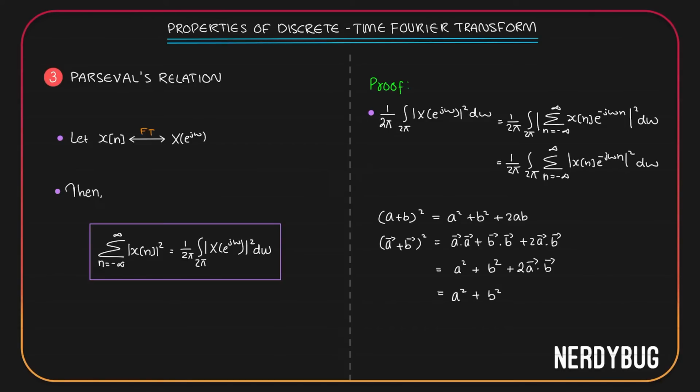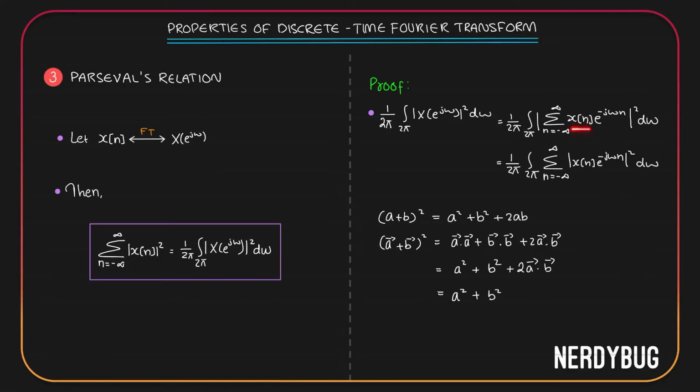Let us compare it with what we have over here. Here the function is x of n e raised to minus j omega n. E raised to minus j omega n is e raised to minus j k omega naught n. It is the set of orthogonal signals that we have taken. Giving different values for k, you get so many exponential functions, and we learned all of them are orthogonal to each other.